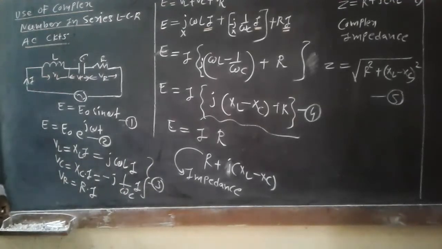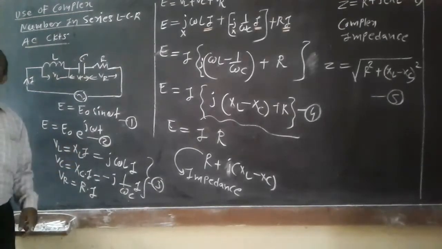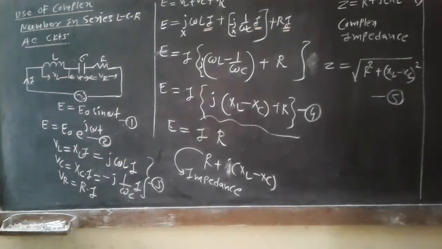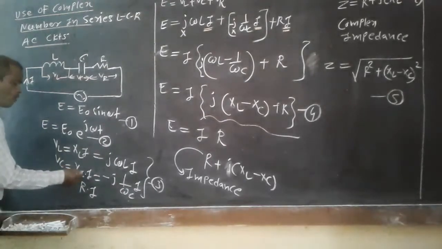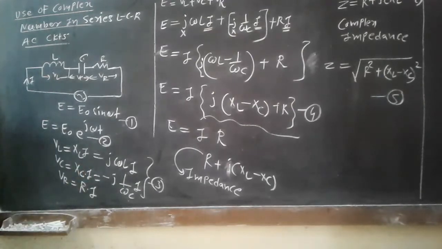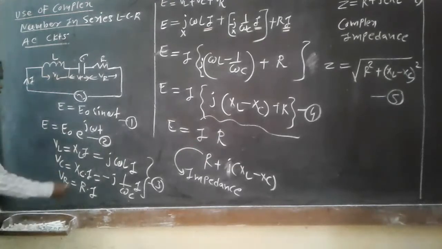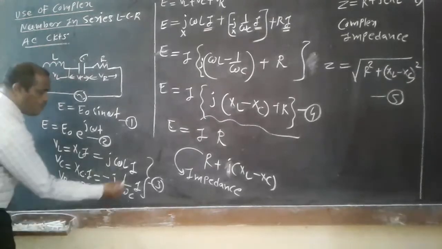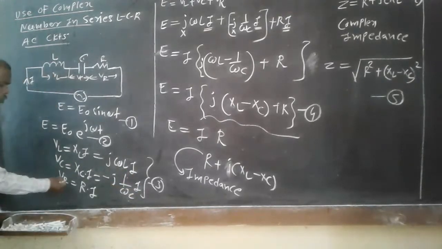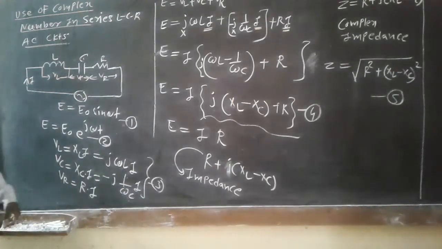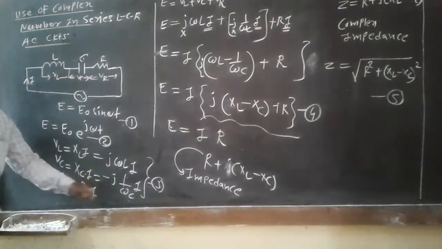Now according to Ohm's law, the voltage across the inductor, that is VL, is equal to inductive reactance XL into current, and in terms of complex number it is j omega L I. Then the voltage across the capacitor, VC, is the product of capacitive reactance XC and current I, and in terms of complex number it is minus j 1 upon omega C into I. The voltage across resistance according to Ohm's law is V equal to IR, or say VR is equal to RI.